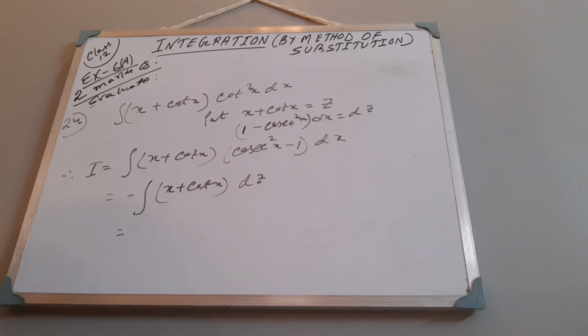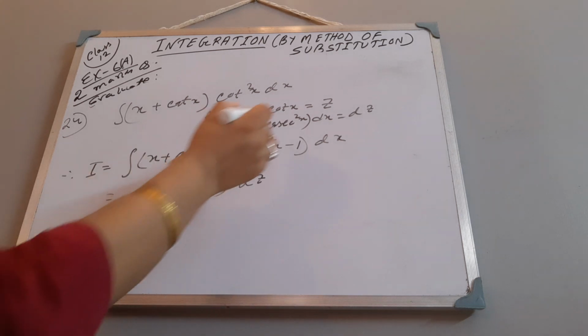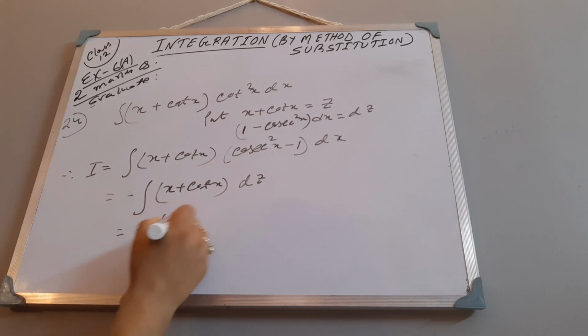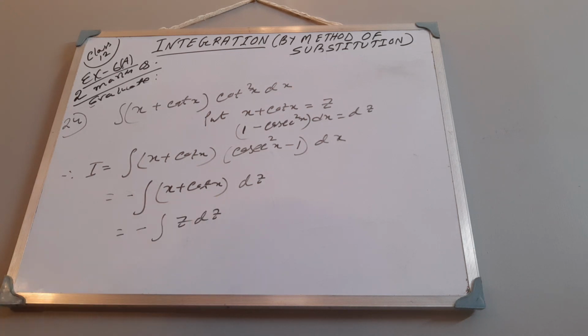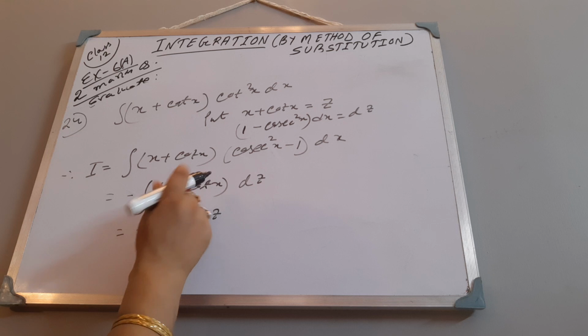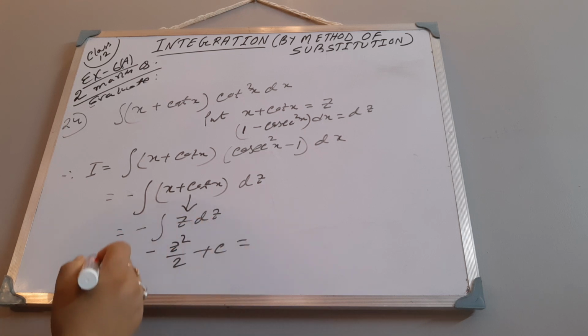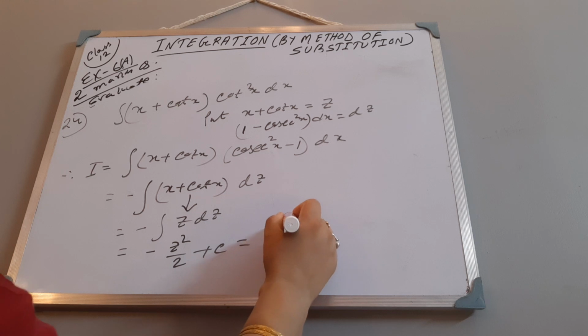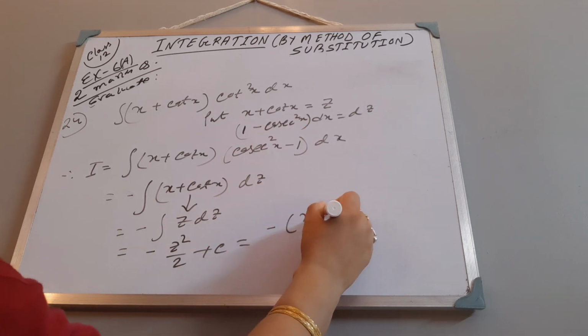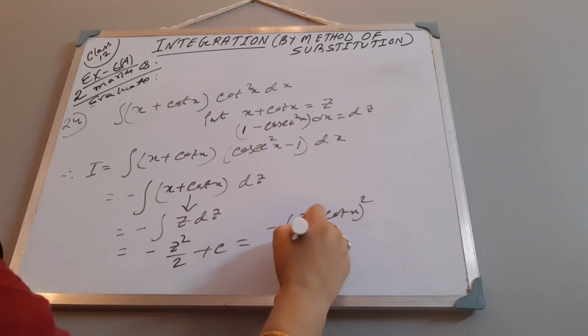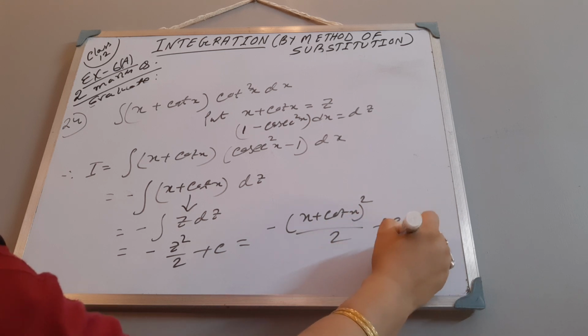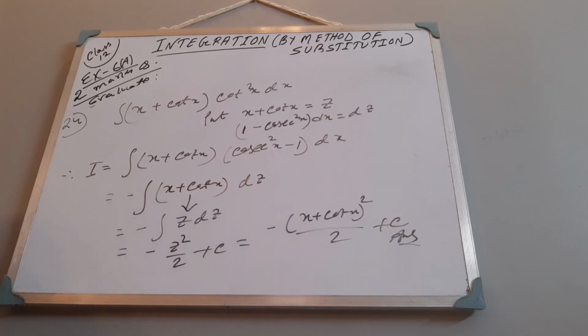Since x plus cot x we have taken as z, it is minus integral z dz, which is minus z square by 2 plus c. So minus z means (x plus cot x) whole square by 2 plus c. This is sum number 24 done.